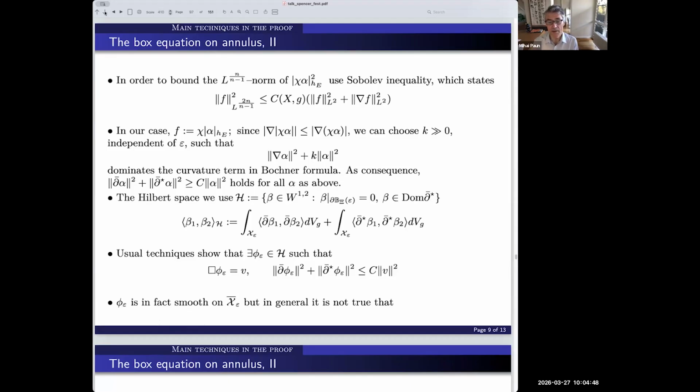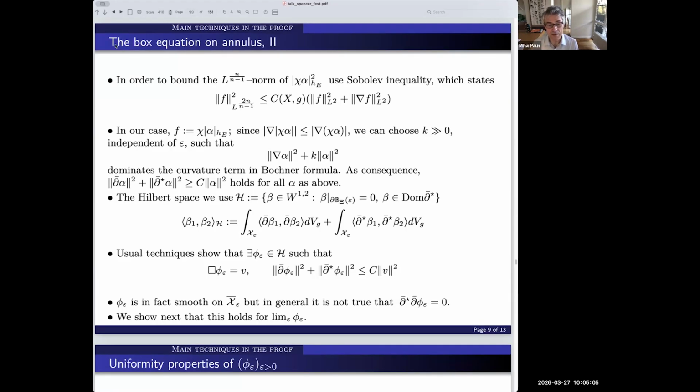But in general, it's not true that the second part of the Laplace, namely this one, is zero. Okay, and it's not only our fault. There are domains on which this is simply wrong, right? You cannot solve the equation on an annulus.